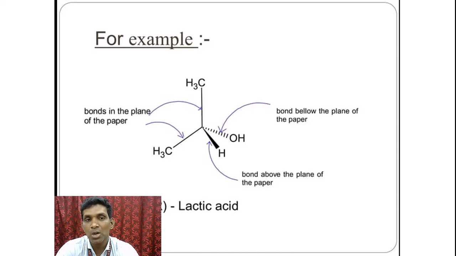It indicates that the two bonds are in the plane of paper. One CH bond is drawn as a thick bond, so it means that the CH bond is very close to the observer, and the dotted bond means the bond is away from the observer. So this is a correct flying wedge projection.